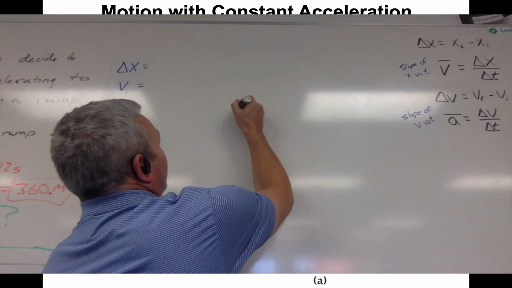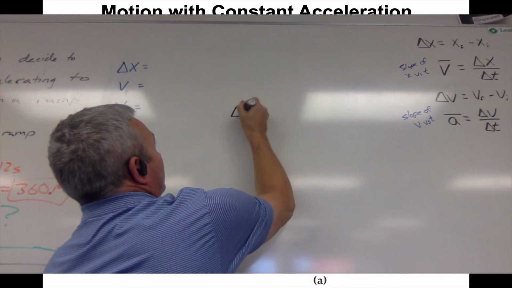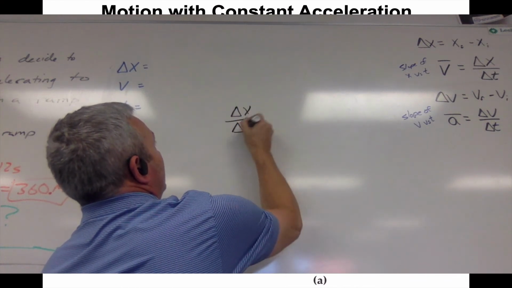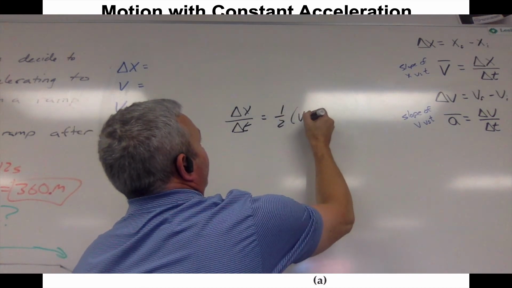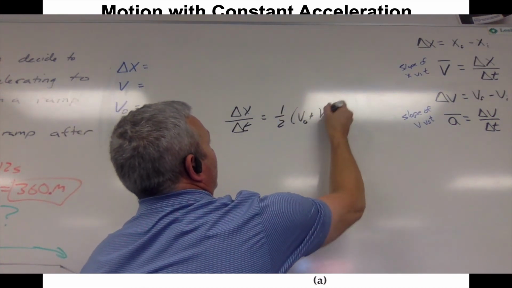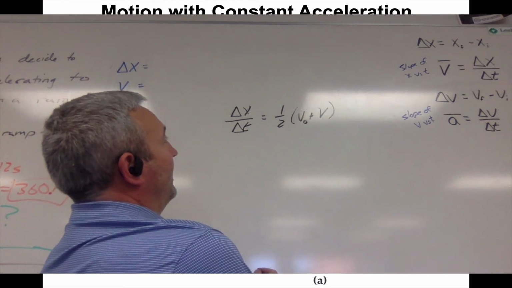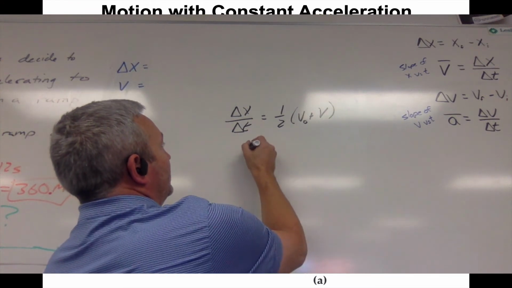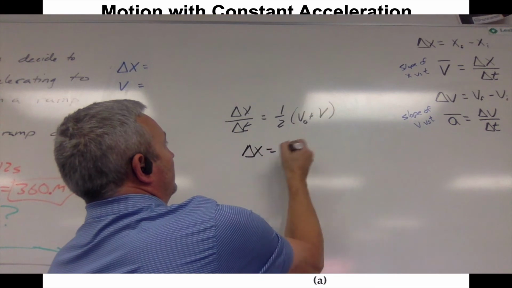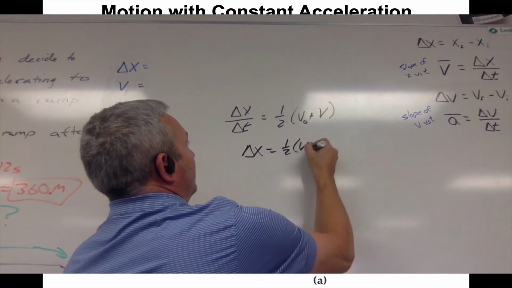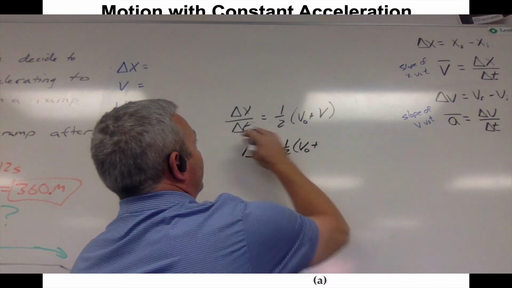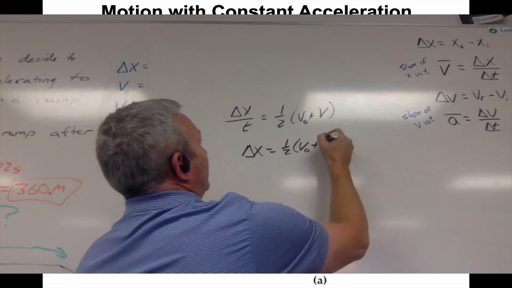So I have delta x over delta t equals 1/2 (v0 plus v). And oftentimes this is rearranged to solve for displacement by multiplying by the time. And we don't use delta in here for time.